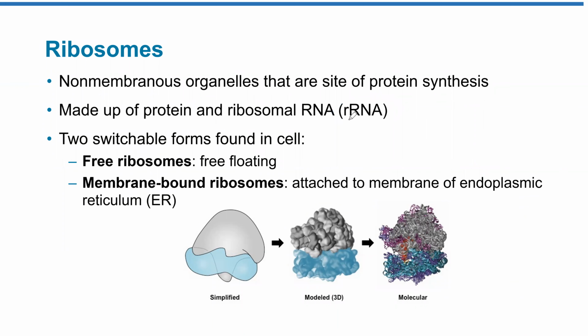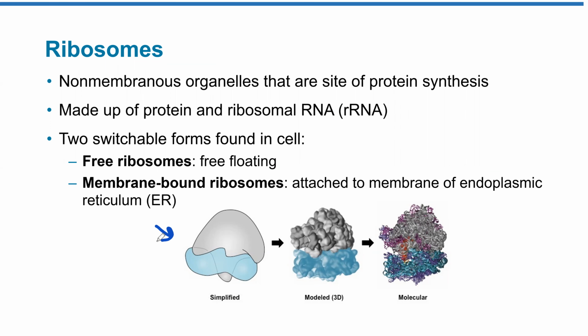Two forms are found in cells: free ribosomes, free-floating ribosomes, so they are inside the cytoplasm, and membrane-bound ribosomes. They attach to the membrane of the endoplasmic reticulum. So if ribosomes attach to ER, right, those are membrane-bound ribosomes. If they're not attached, if they're just inside the cytoplasm, they are free-floating ribosomes.